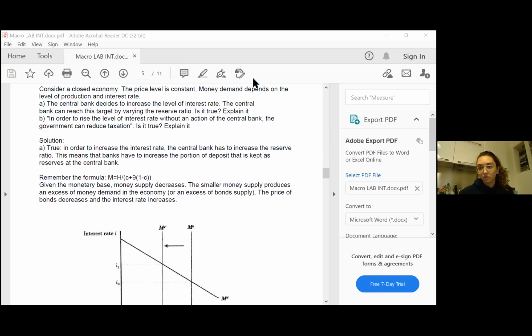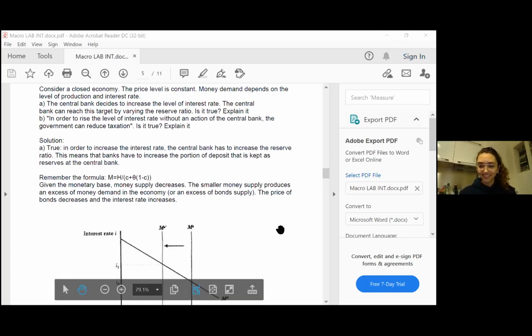It increases the supply of bonds in the market. And it decreases the price of bonds because, supply and demand, when there's more supply, it decreases the price of bonds. And of course, interest rates move in the opposite direction to prices. So if prices of bonds decrease, the interest rate will increase. And that was what the central bank wanted. Is it clear?